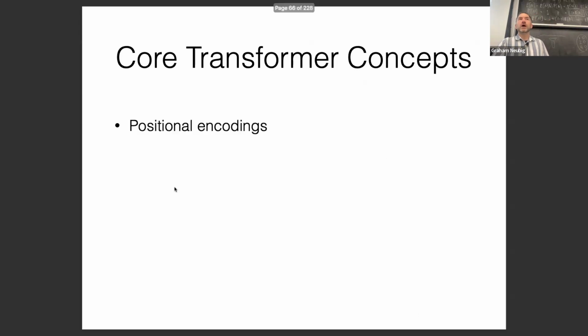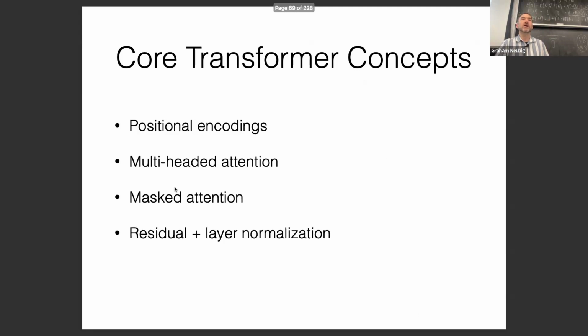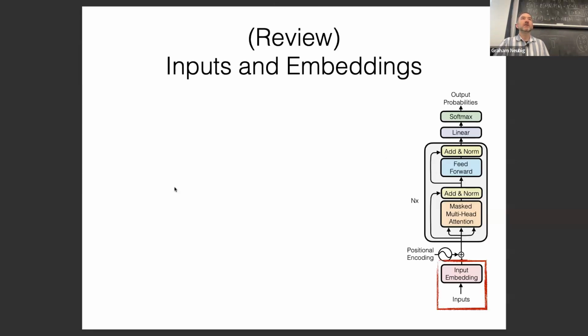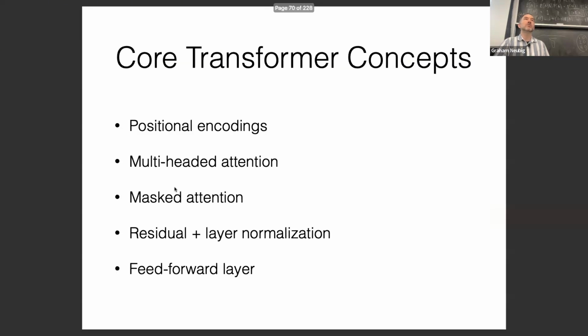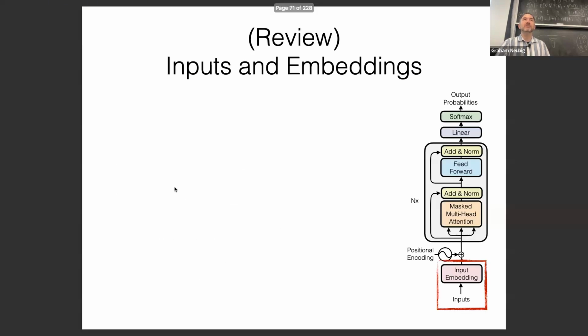So the core concepts in transformers that are not covered by regular attention are positional encodings, multi-headed attention, masking, which I already talked about a little bit, residual layers and layer normalization, and feed-forward layers. So I'd like to start from the beginning of the model and go forward.